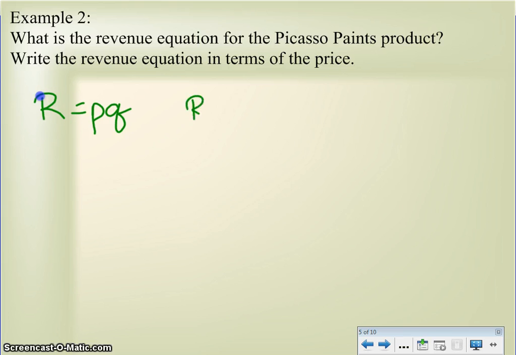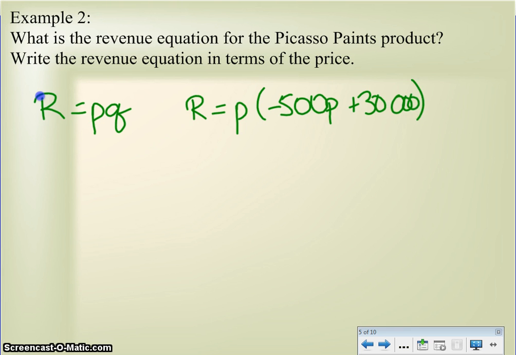So we've got R equals P times that demand function, which was the negative 500P plus 30,000. And we got that from example 1.